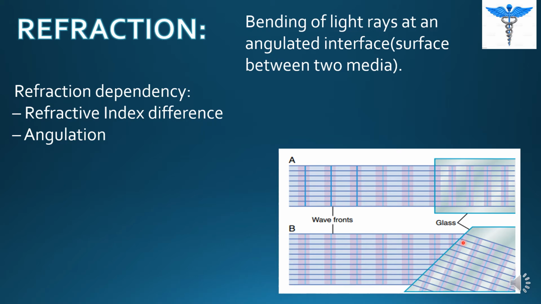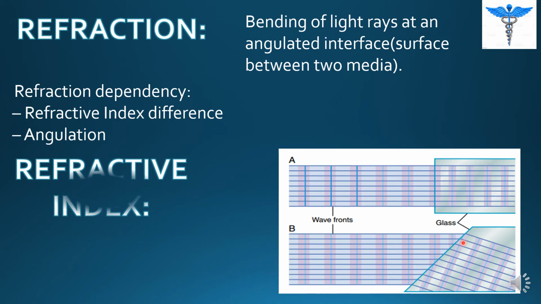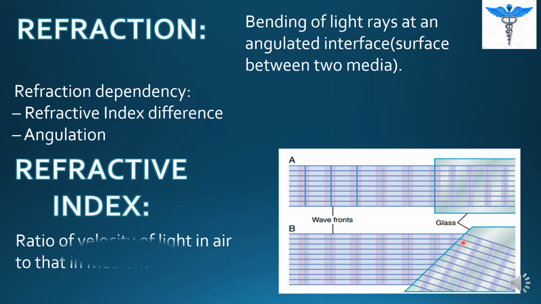Now coming towards the refractive index. What is the refractive index? You can see over here, it is the ratio of the velocity of light in air to that in the medium. If you take this as air and this as glass, the speed of light in air is 300,000 km per second, while that in glass is 200,000 km per second.